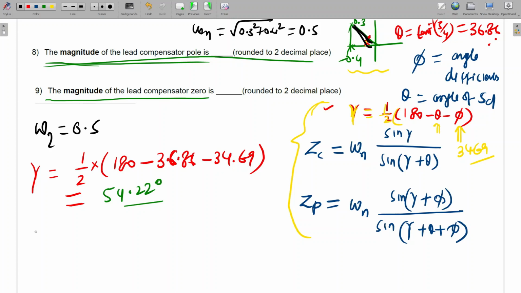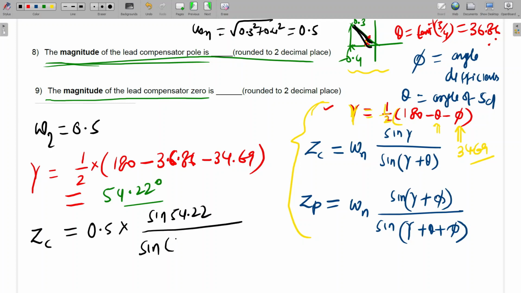Okay. So ZC we can calculate. ZC is equal to omega n, which is 0.5, into sine of this gamma value 54.22 divided by sine of 54.22 plus theta, which we got as 36.86.